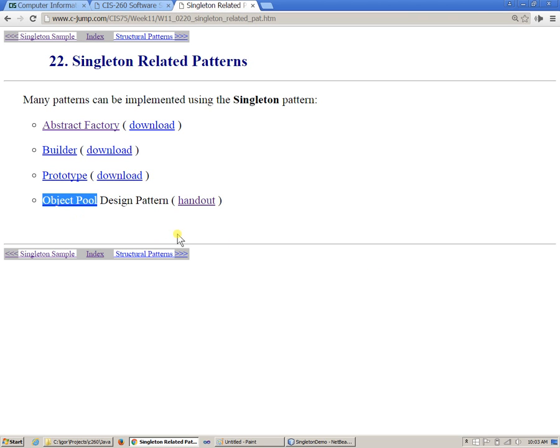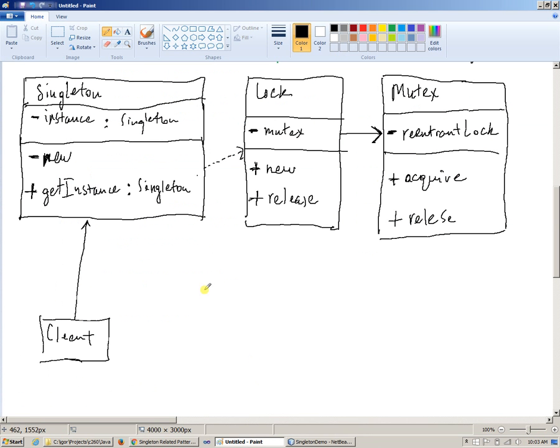Okay, so object pool takes this idea of a singleton class to the next level by adding the idea that instead of having a single instance of something, we can have a collection.